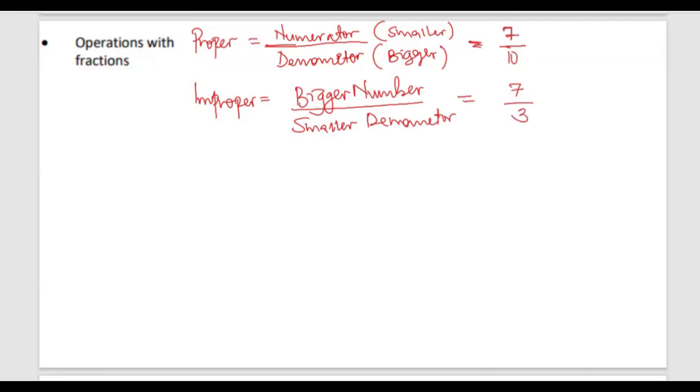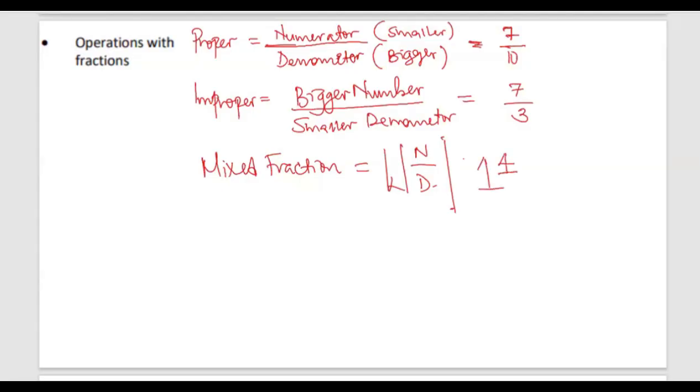And it's from the improper that we get a mixed fraction. A mixed fraction starts with a whole number followed by a numerator and a denominator. In this case, for example, 7 divided by 3 will be 1 and 1 over 3. This is how a mixed fraction will look like. So an improper fraction gives birth to a mixed fraction.